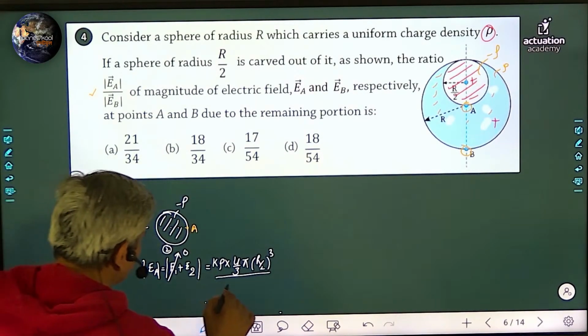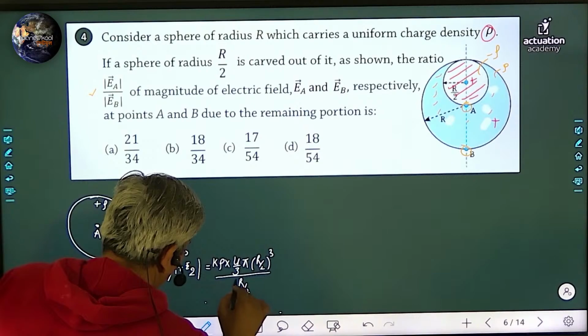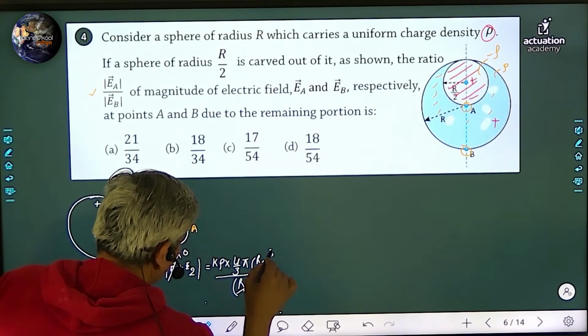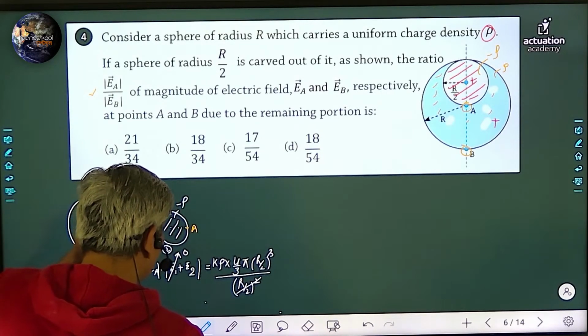kq by r square, meaning r/2 whole square. This will cancel out.